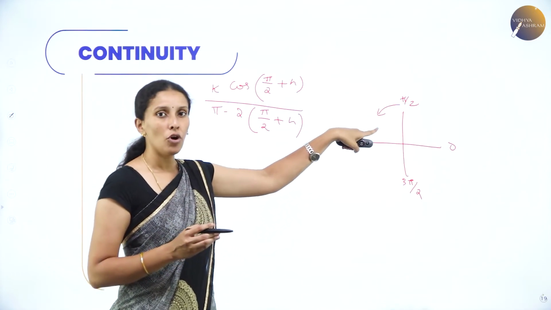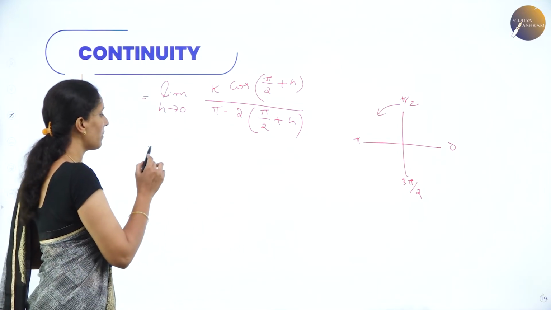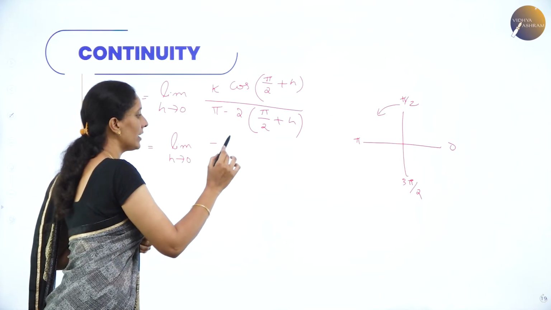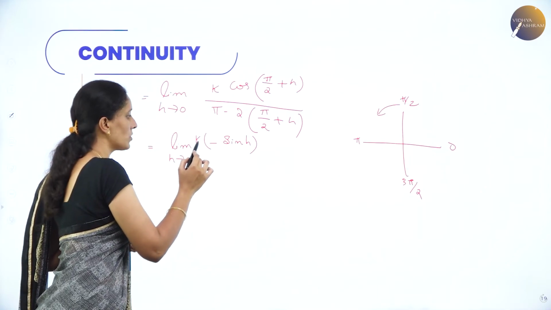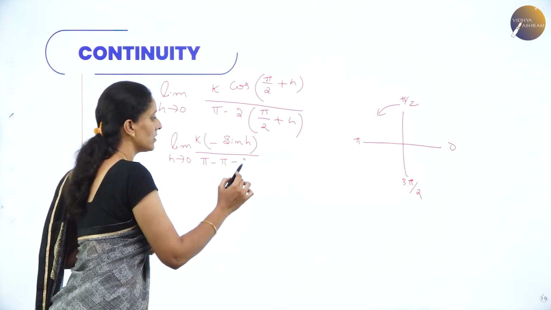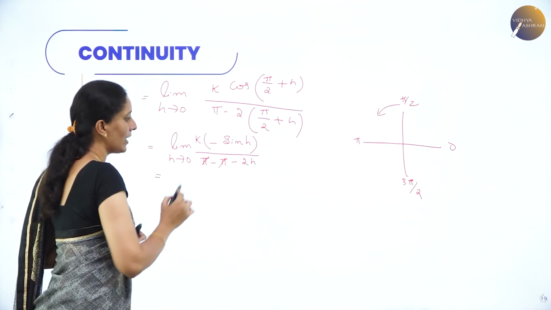But the value of cos in the second quadrant is negative. So this can be written as the limit as h tends to 0 of minus sin h, and we have k outside. When you solve this, you will get pi minus 2h. So pi gets canceled. We can take k and 2 outside.